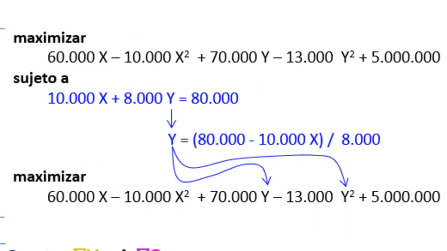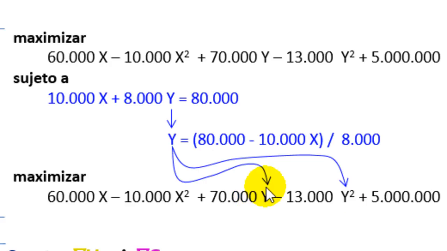Substitution is quite simple. If you want to maximize this function subject to this constraint, then you first solve for y, isolate y, and then you substitute this y here in the objective function.